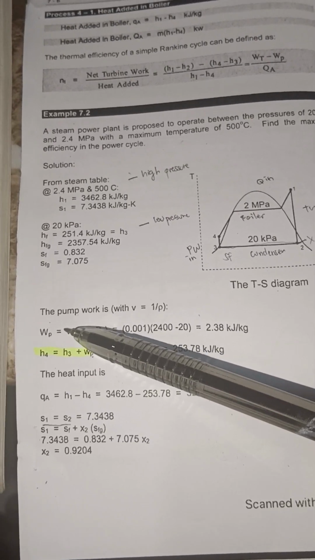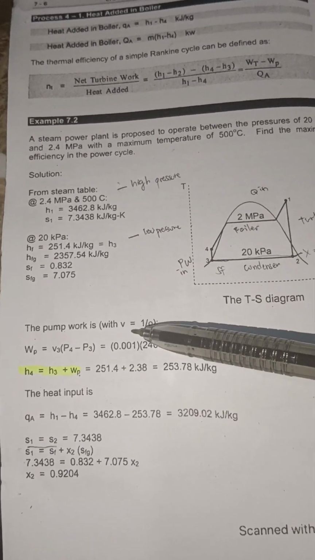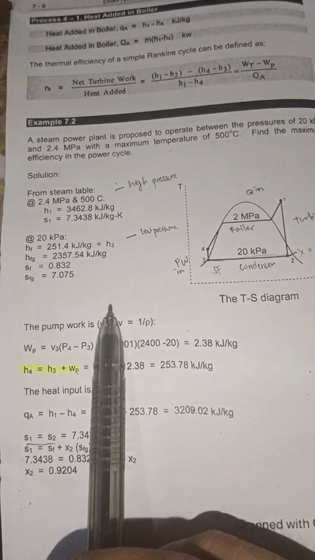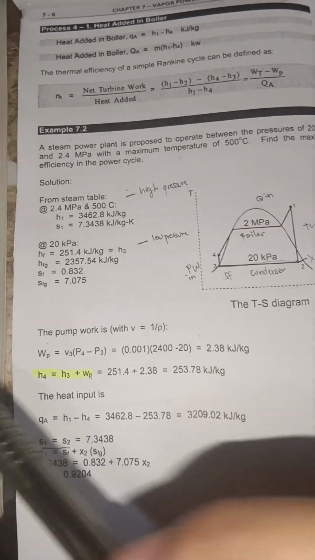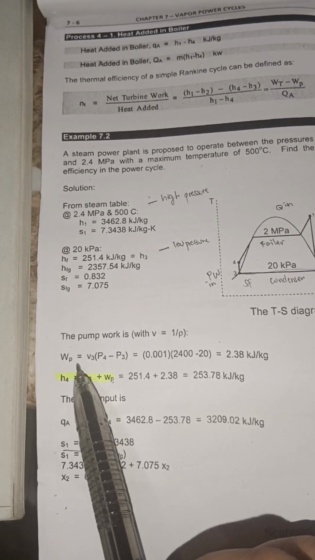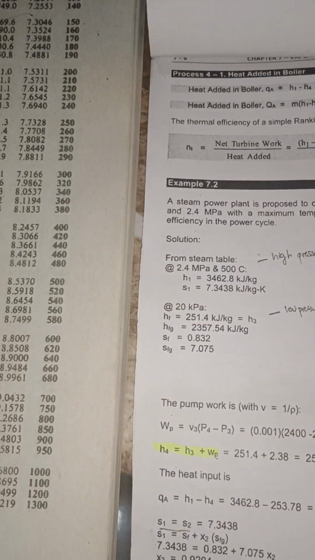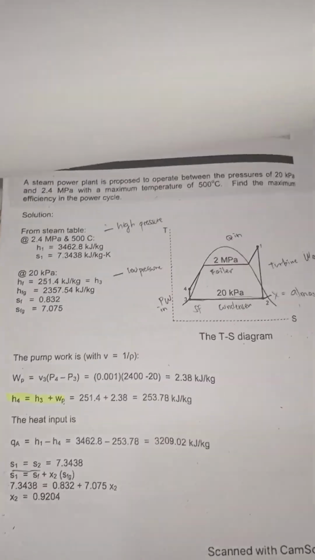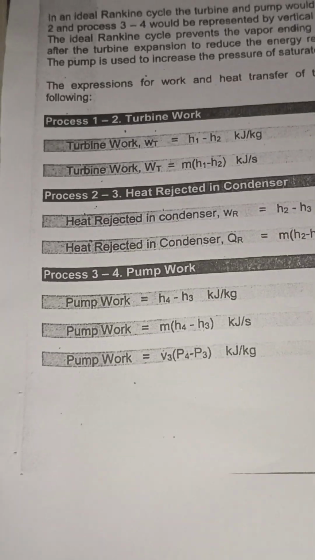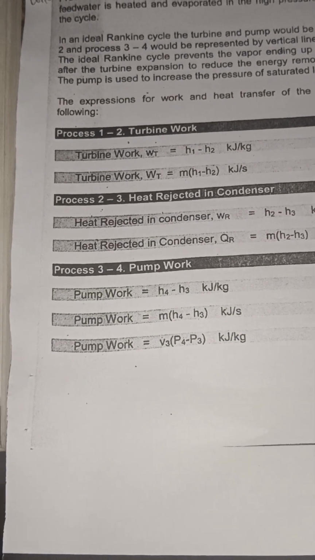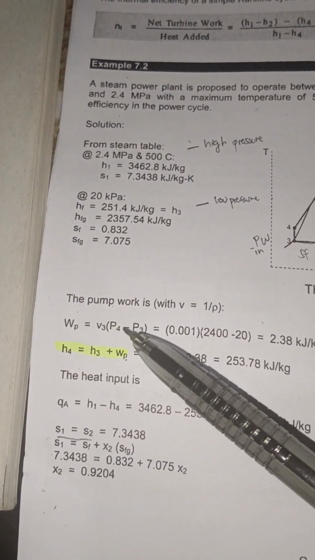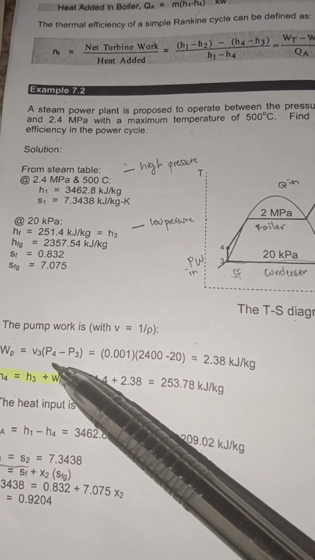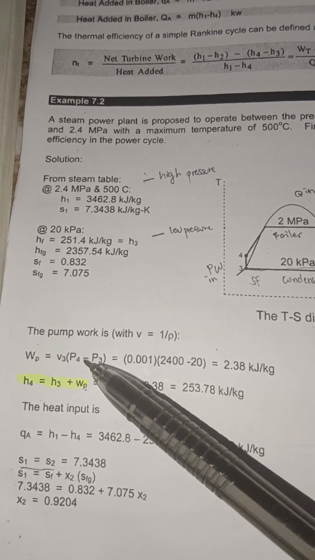So we have to solve for the pump work. So we all know that v is equal to 1 over rho. So we can use this equation for pump work: volume times P4 minus P3.